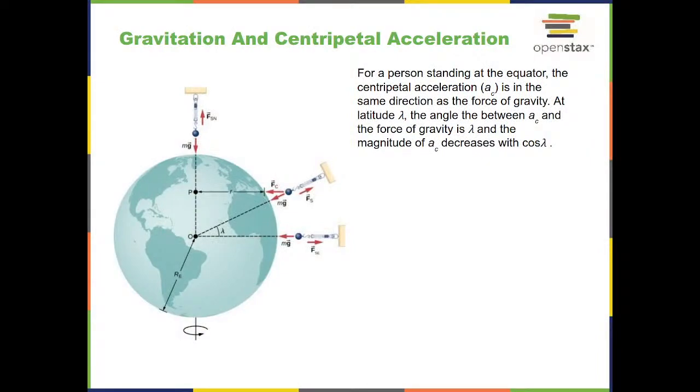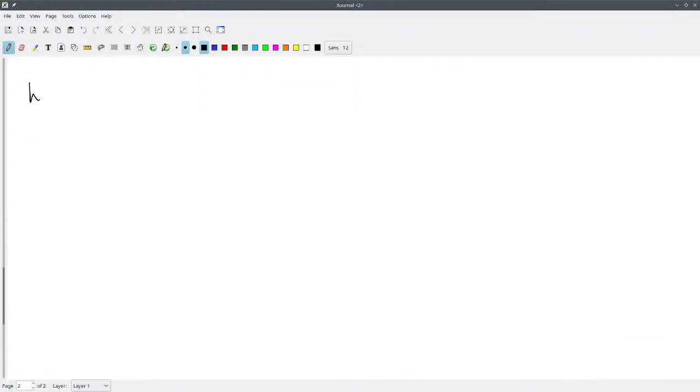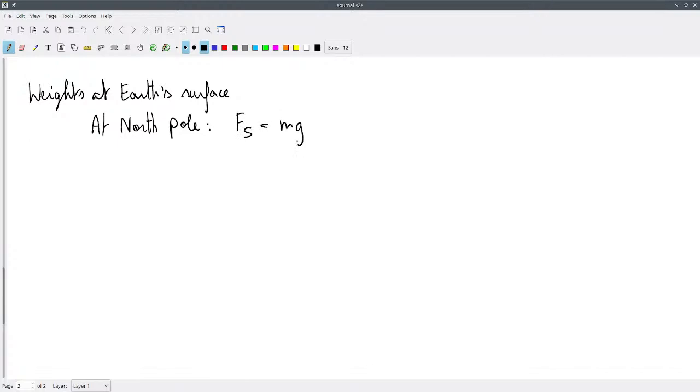So let's call this the weight at the Earth's surface. At the North Pole, we just had that the force due to the spring is equal to m times g.